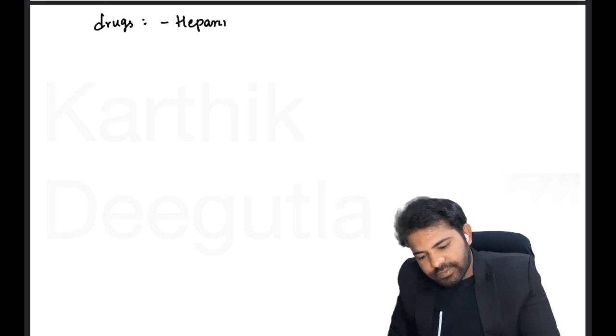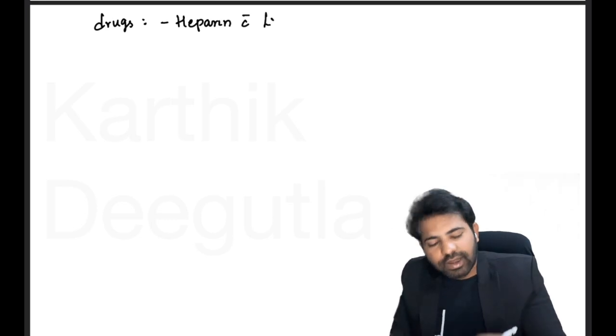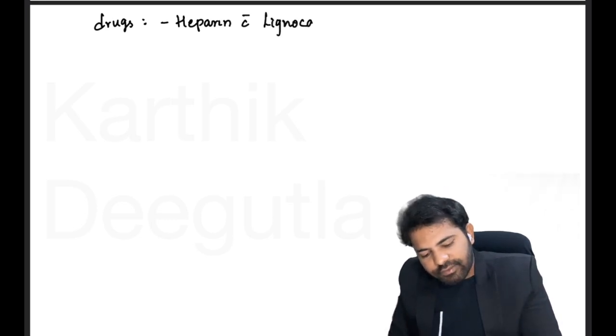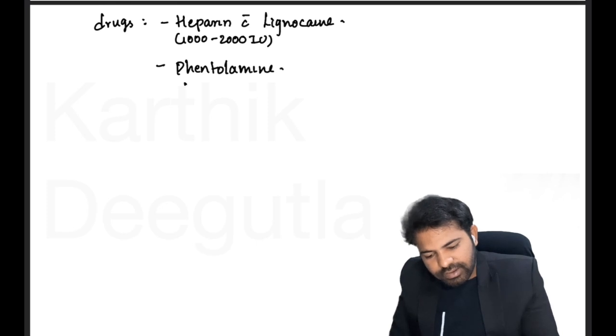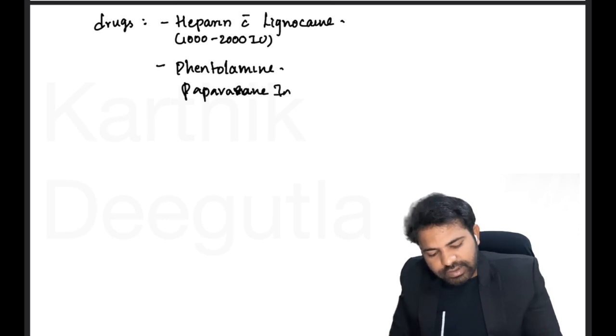Heparin, 1000 to 2000 units, with lignocaine. We can give phentolamine injection or papaverine injection. These are vasodilators.